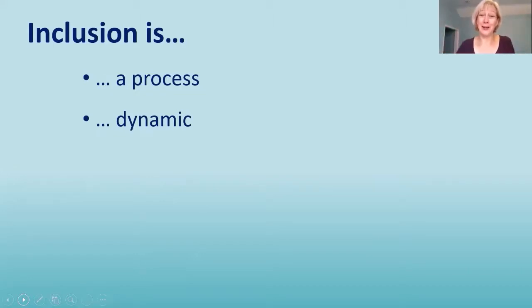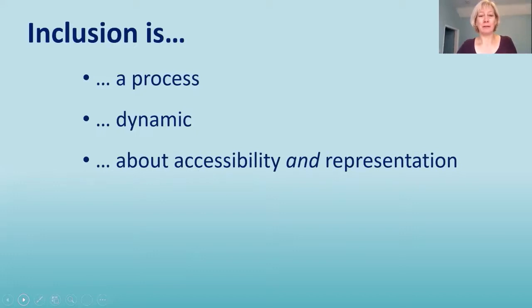I mean, this year there's been a very good example of how we constantly have to adapt our practice. We have to think about accessibility. So can the students actually see the materials? Can they access the materials? And representation. Do they see themselves in the materials? Do they feel that they are represented in the material that we're asking them to use?